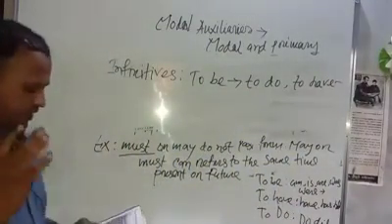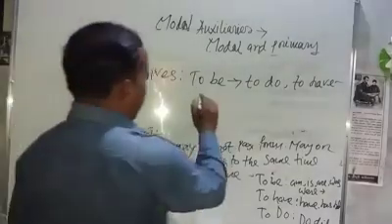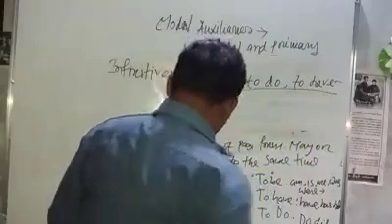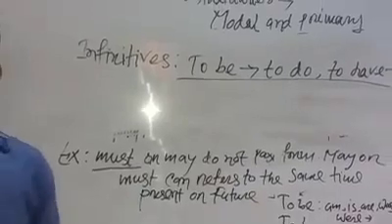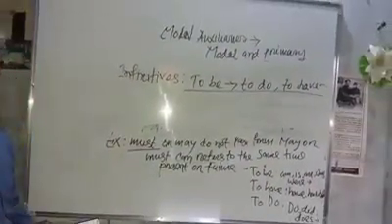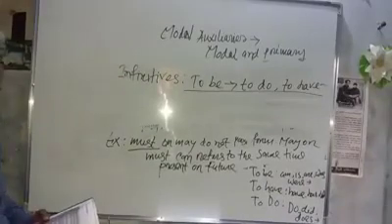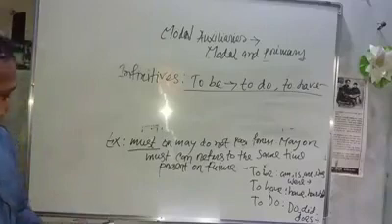We do not say to can or to might. The primary auxiliaries are related to the infinitive, such as to be, to have and to do verbs. There is no infinitive form for the modal auxiliaries. We do not say to can or to might.